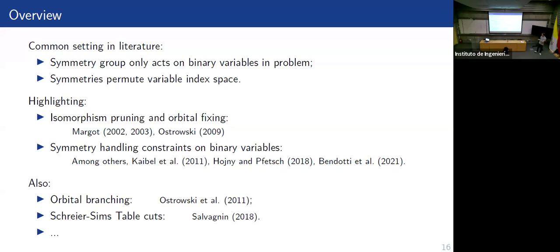I would like to stress, I picked out these two methods, but this is not a complete overview of what's floating around in the literature. You also have orbital branching via symmetry-handling cuts, which are actually also symmetry handling constraints. And you can also think of core point methods, and there are many other classes of symmetry handling methods known in the literature and used in practice as well. But we focus on these two for the sake of this presentation.